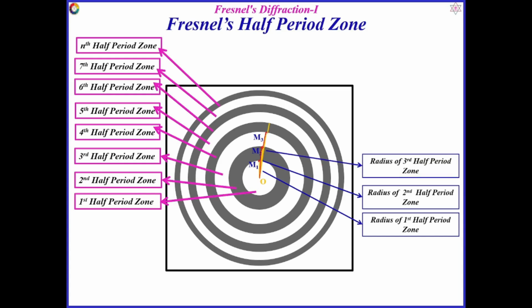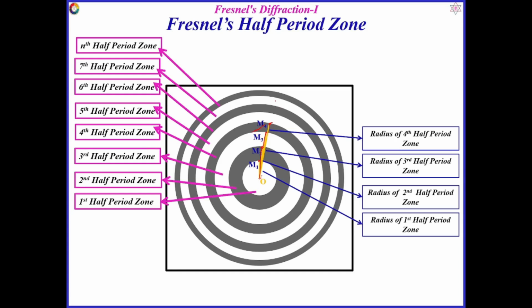Likewise, at the edge of the fourth strip, suppose this point is M4, and from O to M4 the distance is the radius of the fourth half period zone.